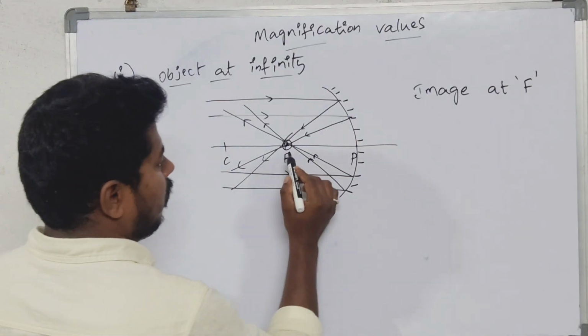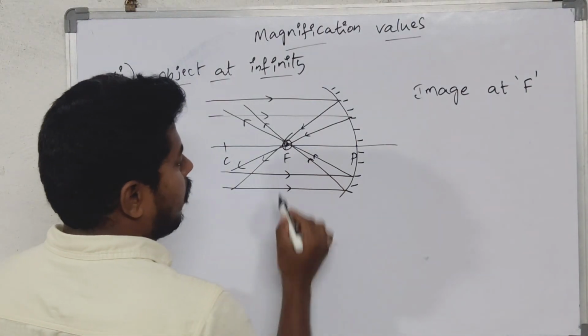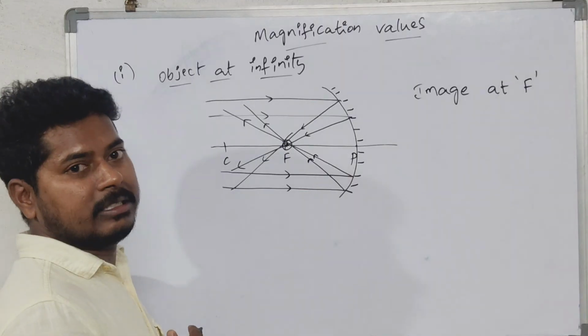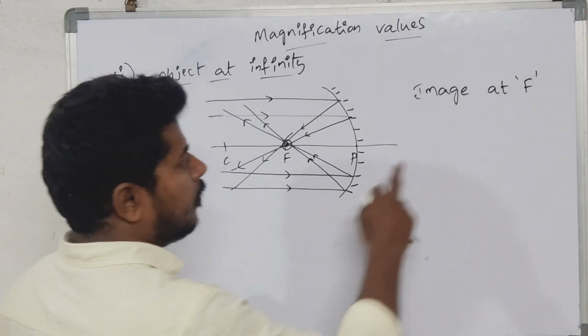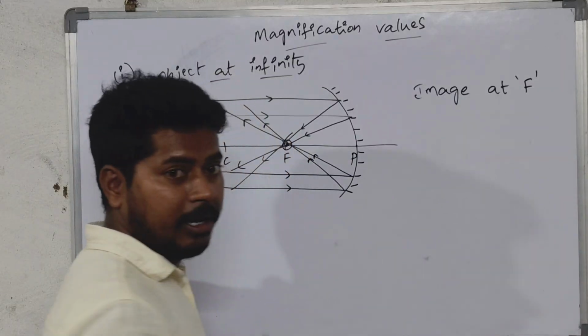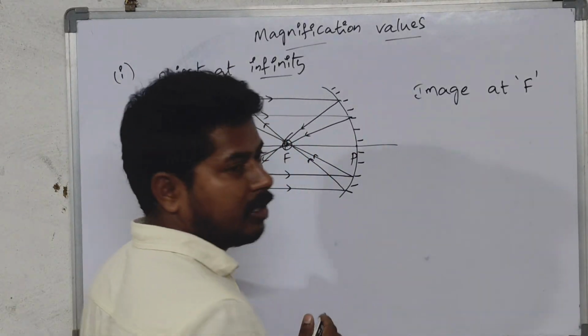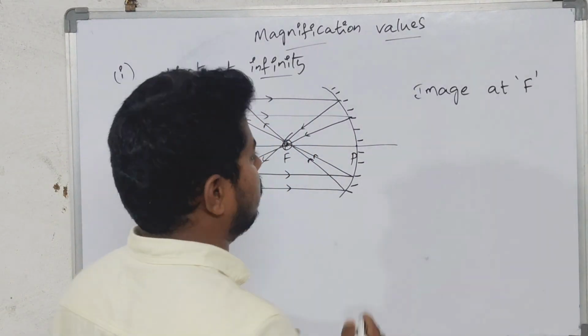But in this situation, the image is formed on the principal axis, at the focus only. So the image size is highly diminished.